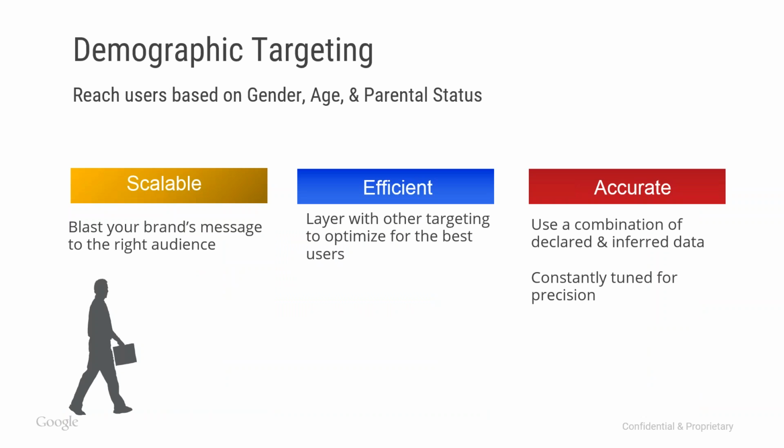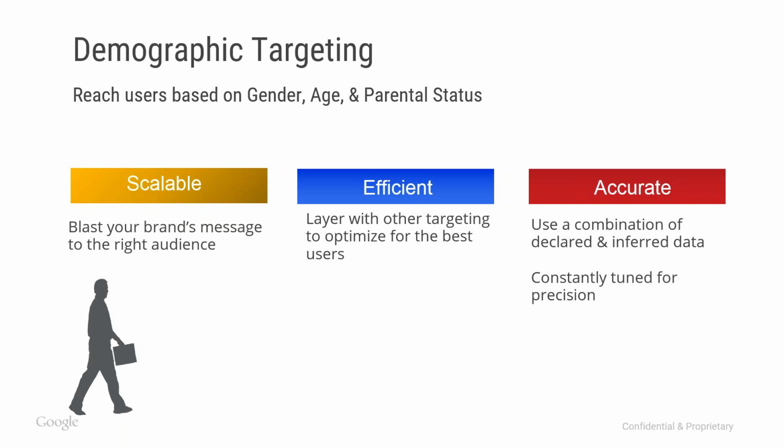We also have the option to target demographics based on gender, age, and parental status. So let's say as a business, you plan to target only female audiences within the age group of 25 to 34. You could choose to do that as well.